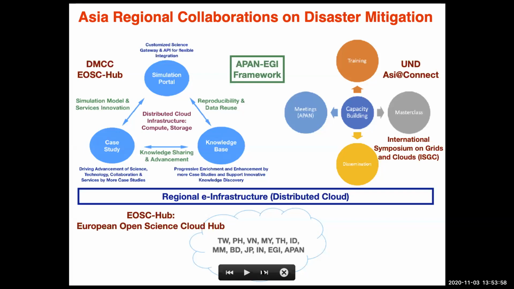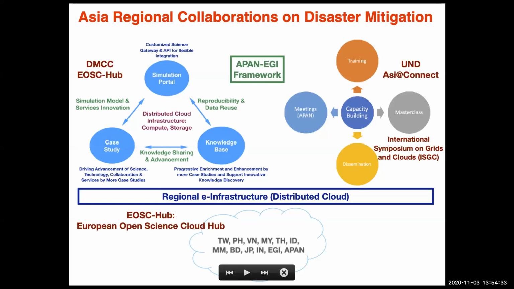All the observation data, parameters, simulation portals, event facts, publications, etc., will be compiled into the knowledge base. So based on lessons learned from case studies, partners are able to make use of the numerical simulations for better risk analysis on other events and to conduct their local case studies. Simulation facilities and the knowledge base will grow and strengthen progressively with more case studies.